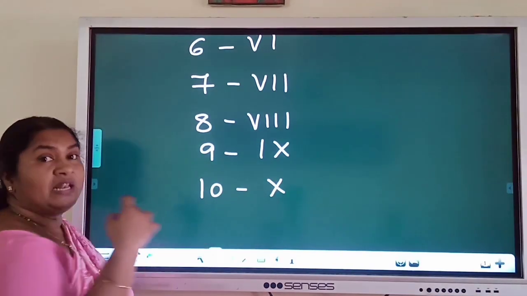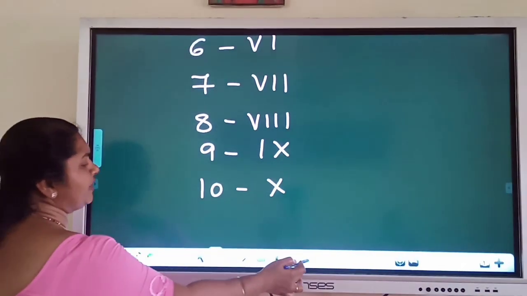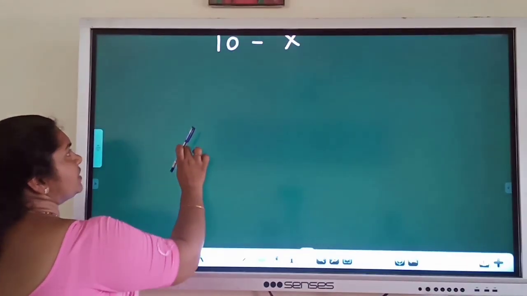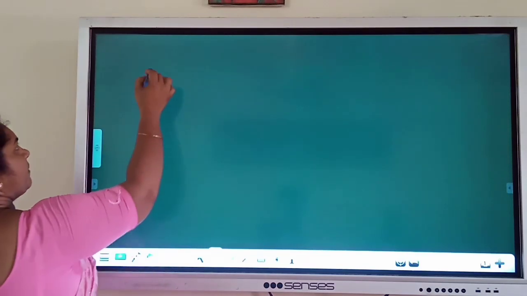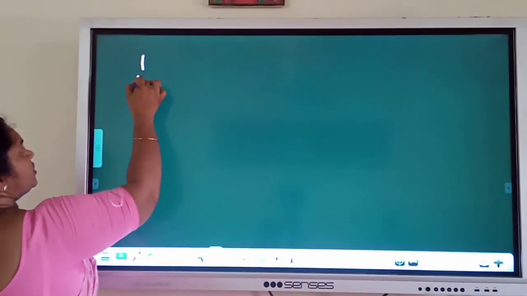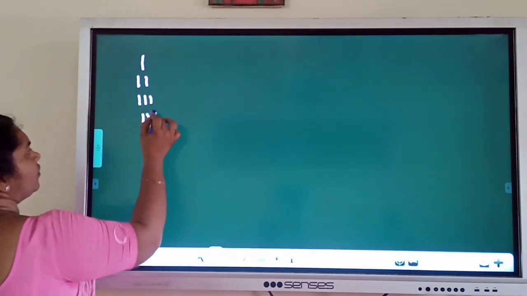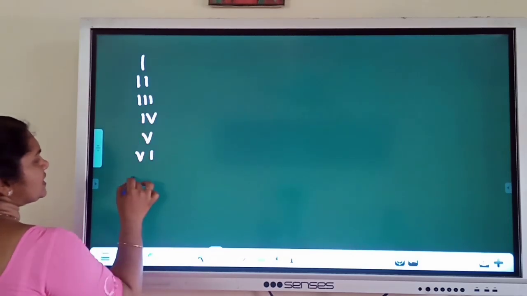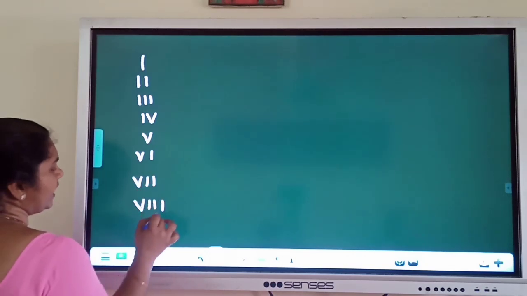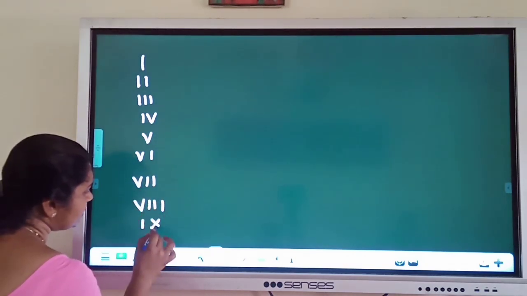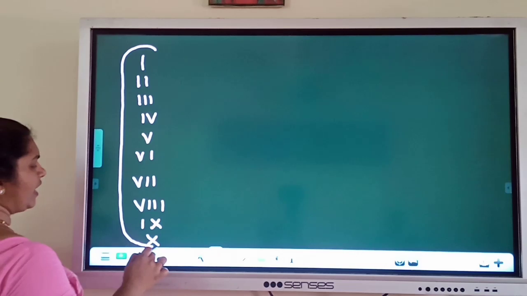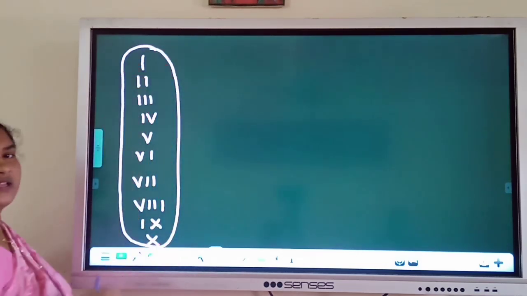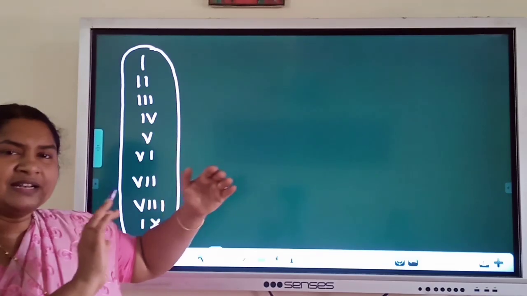Now we are moving to 11. So how to go about this? 11 I'll show. For that, it will be easy for you if we write 1, 2, 3, 4, 5, 6, 7, 8, 9, 10 on the left side. With these digits only, we are going to combine certain symbols.